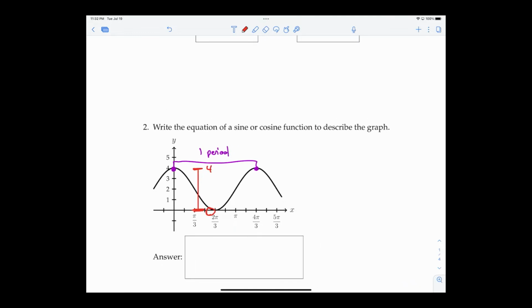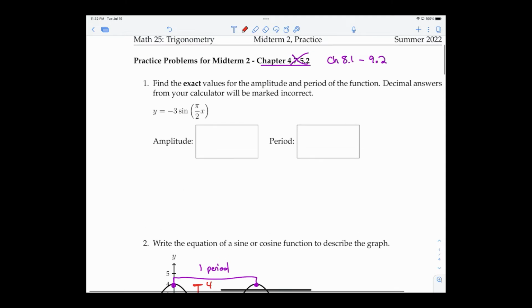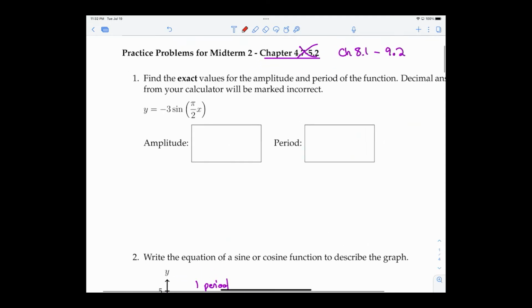Now, I was just pointing this out because it helps us get them from this equation. So the formulas you would use in order to do this would be as follows.